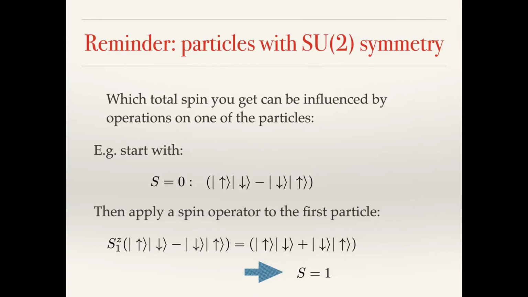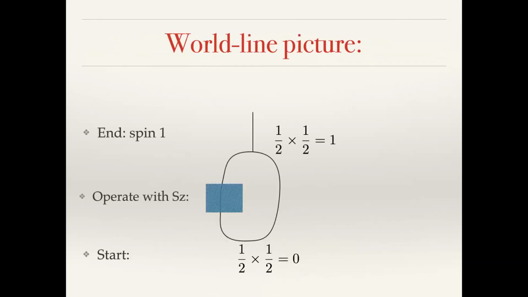But then something happens. I separate the particles and I apply Sz to the first particle, but not to the second. Okay. And then I bring them back together, and now, just by applying Sz, a symmetry operation, to one of my particles, I go from a state with spin 0 to a state with spin 1.